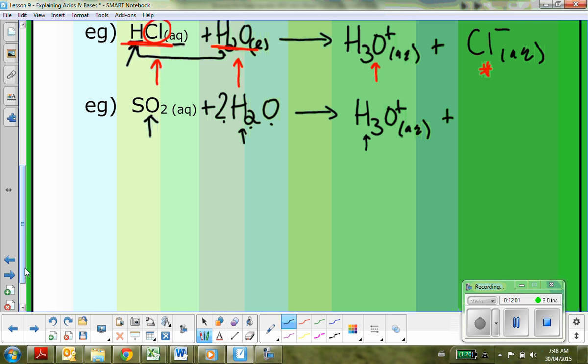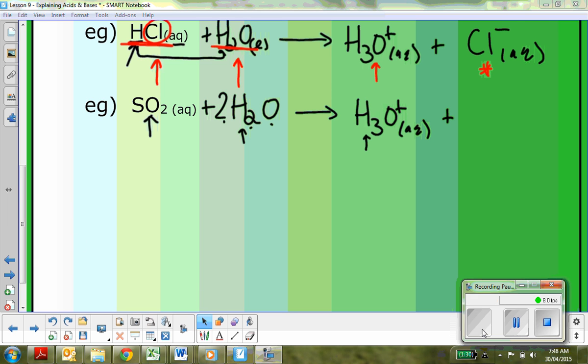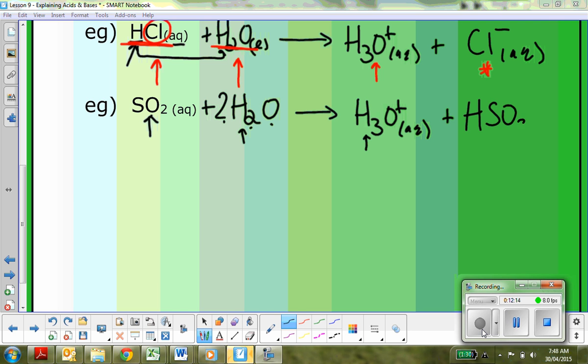So in your formula, you will end up having HSO3 negative as your final product. Okay, so again, these are these revised formulas proving that something's an acid or a base. Okay, so that's for acids.